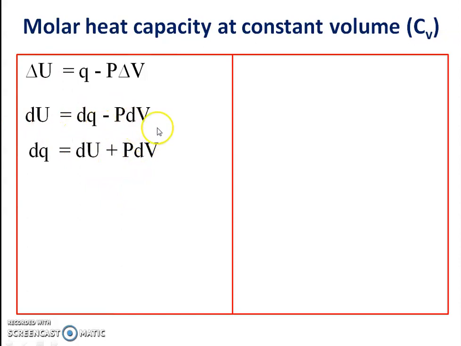When we rearrange these terms, we get dq is equal to dU plus P dV.